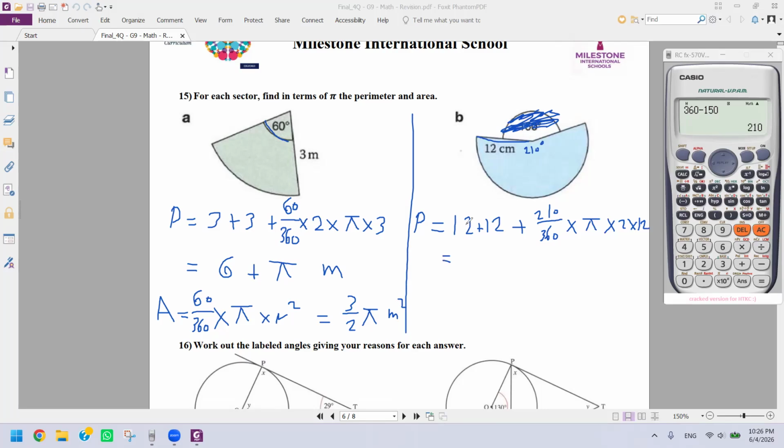So this one, do it manually. 12 plus 12, 24. Plus, now to get pi, do this only on the calculator. 210 over 360 times 2 times pi times r. 14 pi.